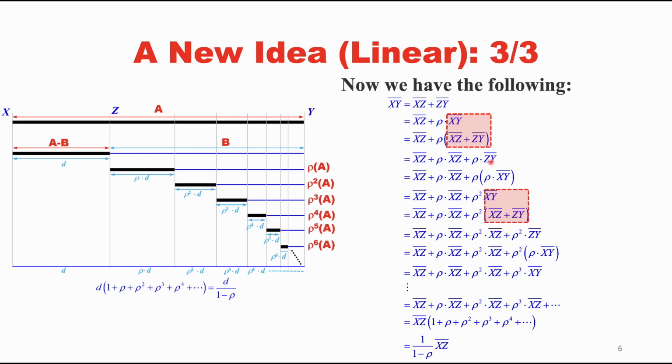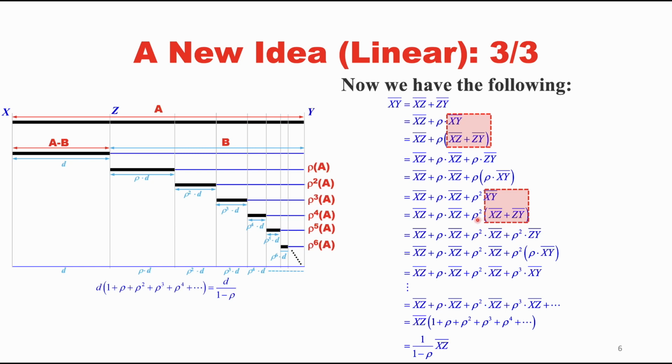But as we used here, ZY is reduced from XY by a factor of rho. Therefore, ZY is rho times XY. This one becomes XZ plus rho XZ plus rho squared times XY. But again, XY is the sum of XZ plus ZY.